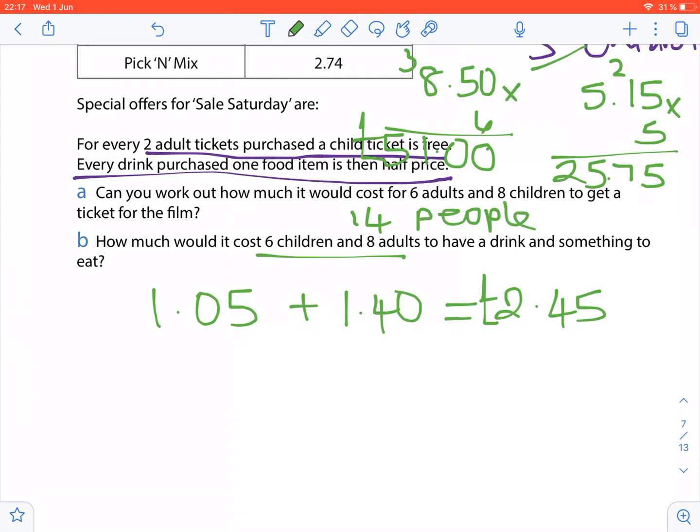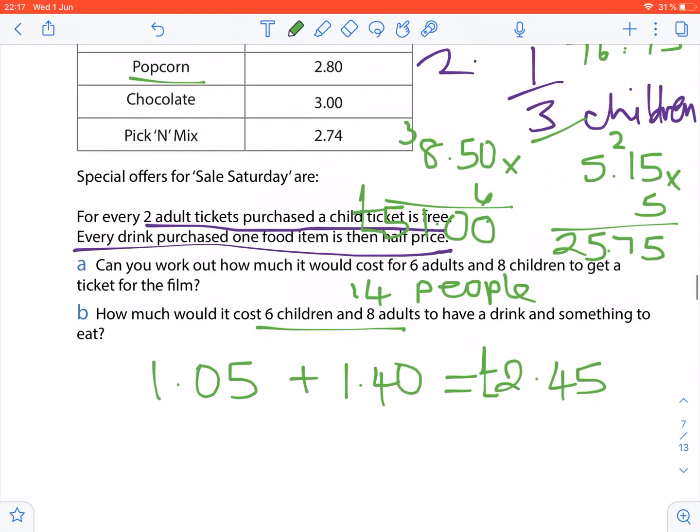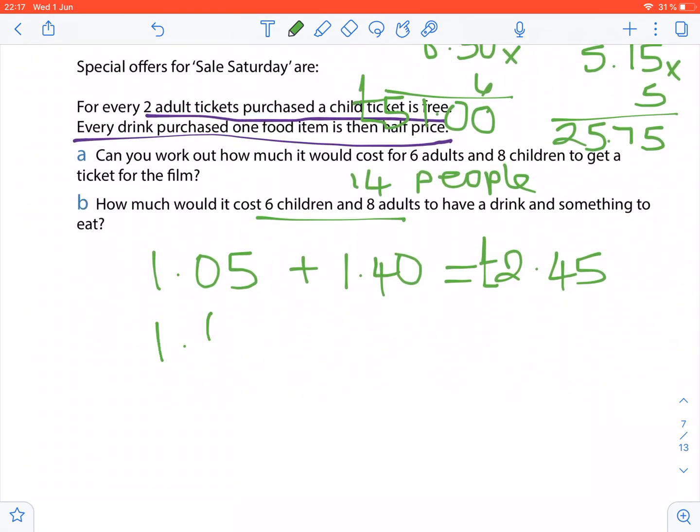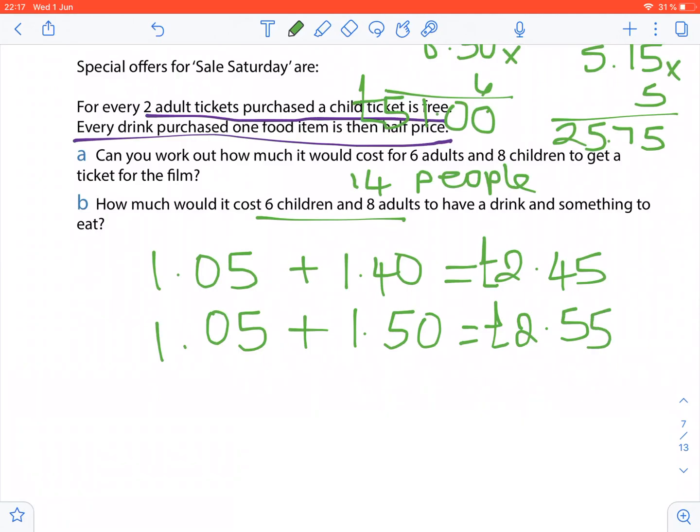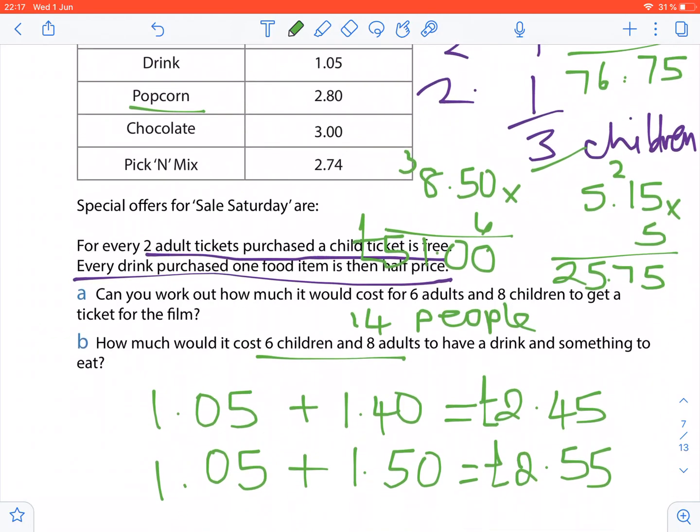Or you can go for a drink and some chocolate, so that'd be £1.05 plus half of the chocolate, so half of £3 is £1.50. So that would be £2.55, and again you could times that by 14 if you want everyone to have a drink and chocolate. And last of all, you could have a drink and pick a mix.